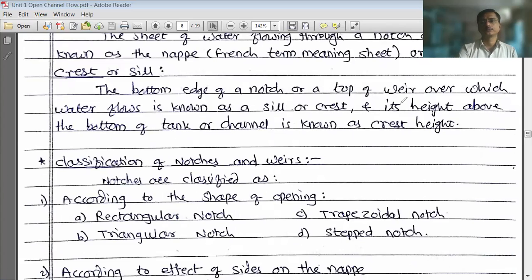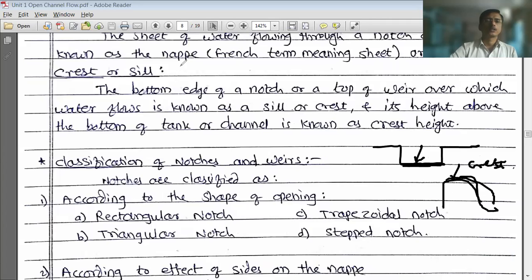Okay. So here, if you want to show it through the diagram, we can show. Let us say this is the rectangular notch or weir. Then this portion is called the crest of the weir, or crest of the notch, right? In case of spillway, this portion is called the crest, त्याच्यावरून पाणी हे फ्लो होतं.